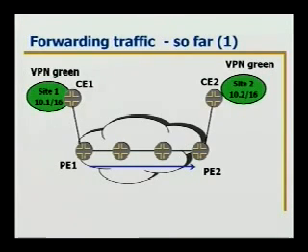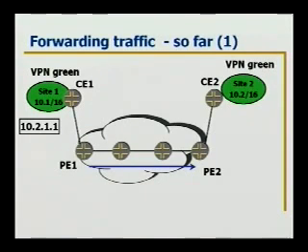So we have a customer in VPN Green at site 1 who wants to send traffic to some destination in site 2. So let's say he wants to send traffic to 10.2.1.1 in site 2.